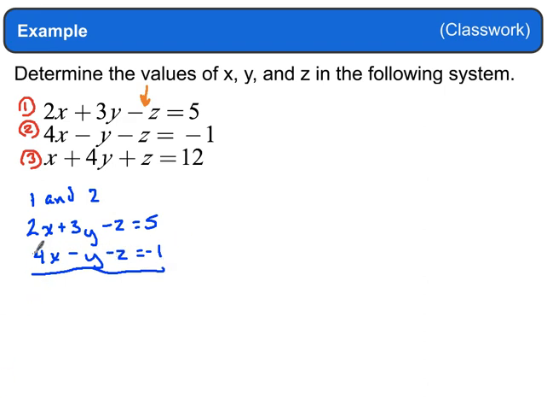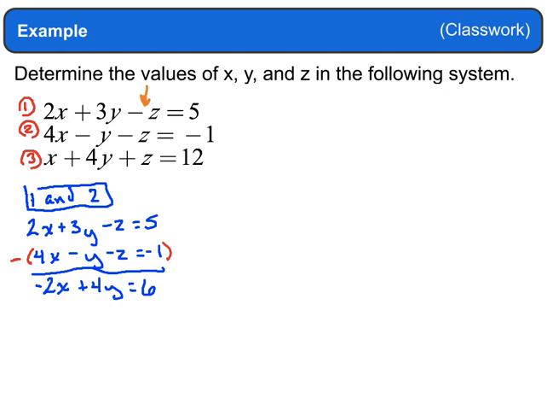So by doing that, I am going to choose to subtract the first equation from the second equation. That result is going to give me negative 2x, a positive 4y. The z's will eliminate, and then we're going to get a 6. So again, that is by combining the first and the second equation together.